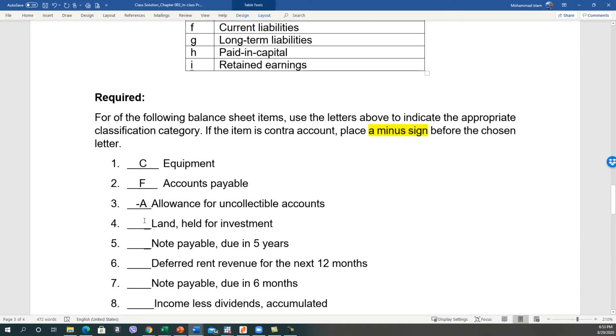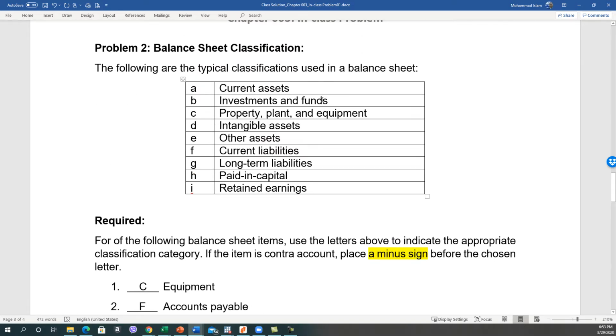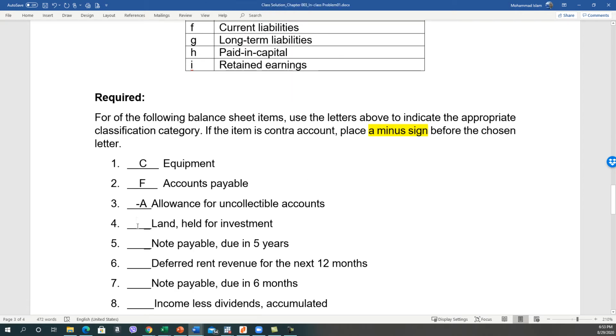Okay. Then we have land held for investments. What is that? This one is investments and funds. So this one is going to be B. Note payable due in 5 years. Can you see that it's a long-term liability? So what should we do?